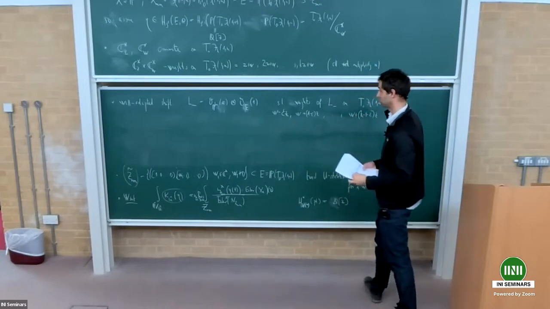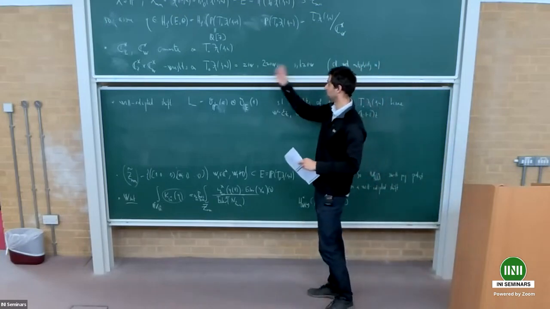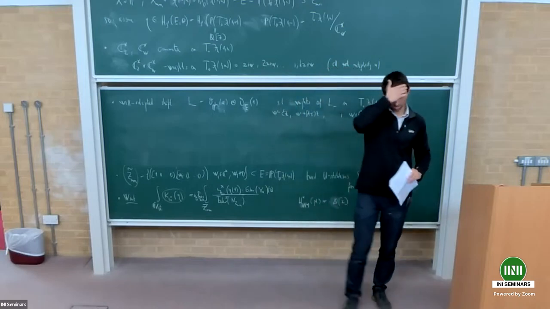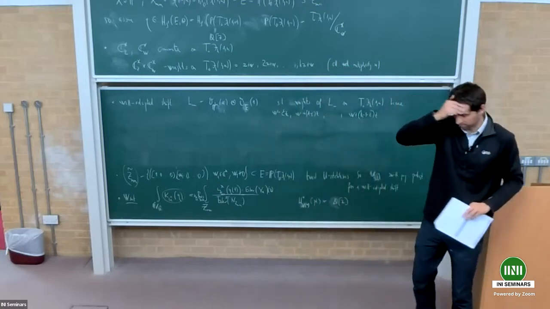So it's just a central shift, right? We have to shift all of the weights with the same multiple of Z.